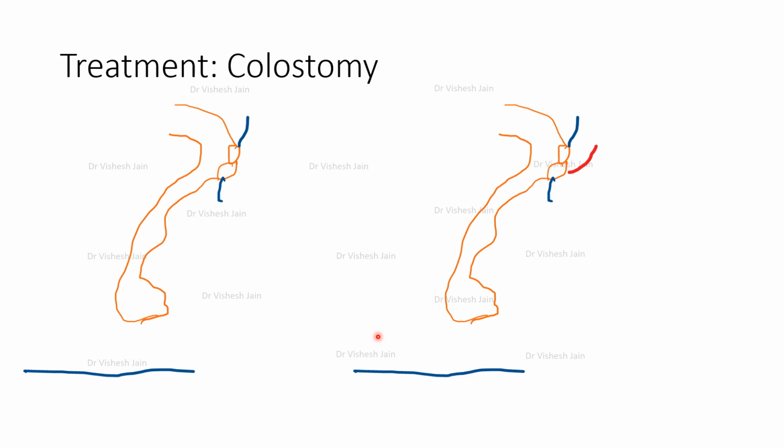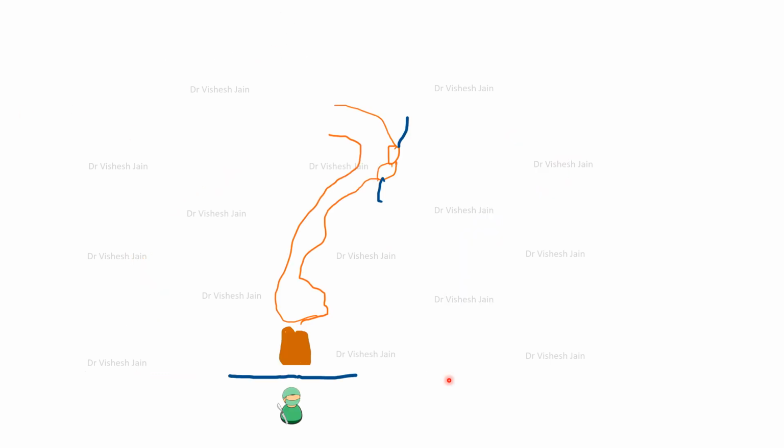One of the investigations required in high variety of malformation is a colostomogram, in which we inject a contrast into the colostomy and we try to find the level at which the rectum is ending and how far away it is from the skin, and this is determined using an X-ray. After the colostogram, we know the level of the rectum and then the surgery can be planned.